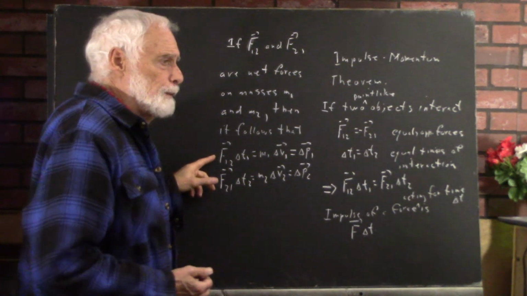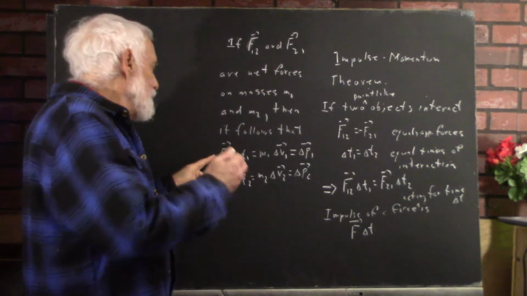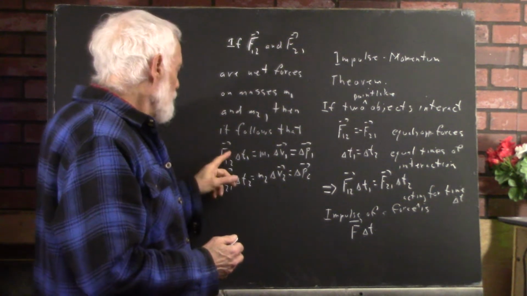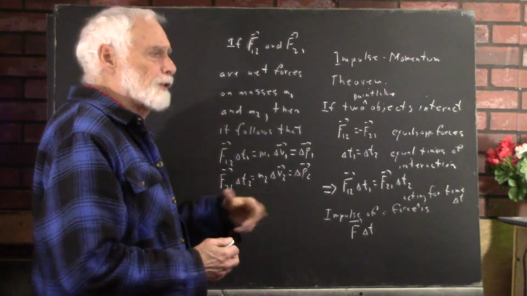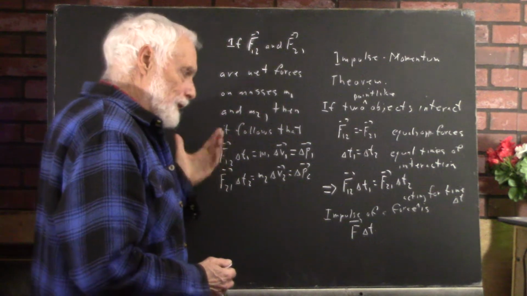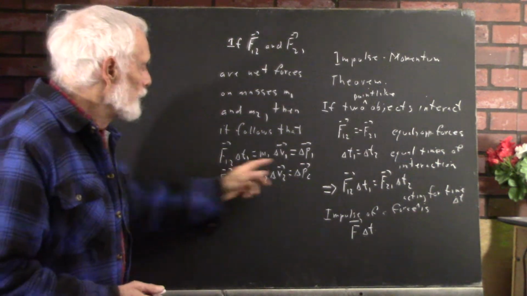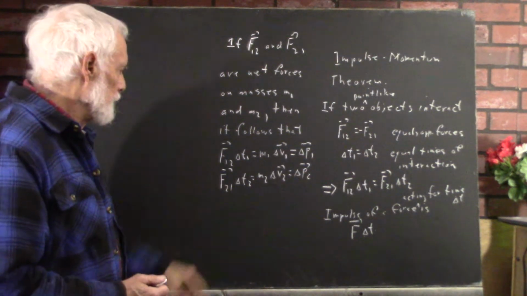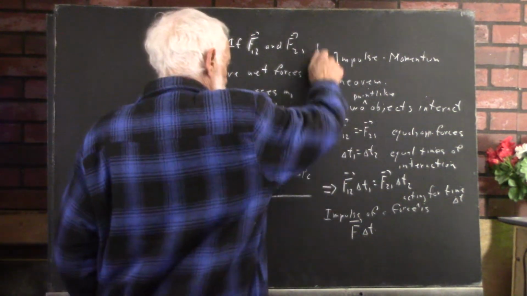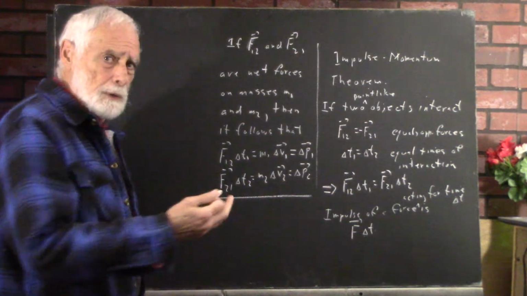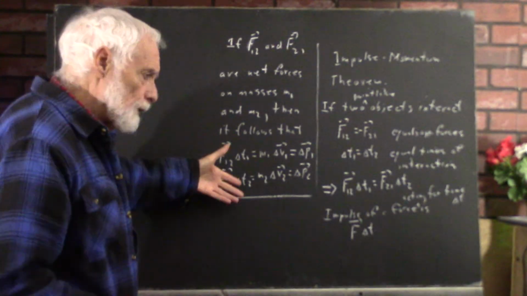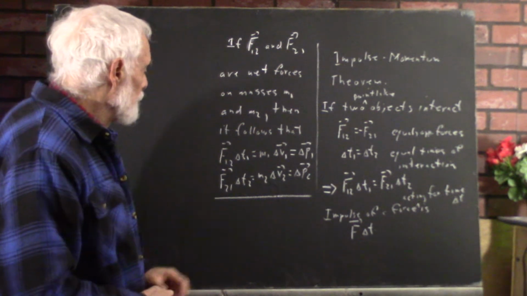If F12 is m1 times acceleration 1, well, acceleration 1 times delta t1 is a change in velocity. So you got mass times change in velocity. So it's that simple. So very simple reason for this, and you want to be sure you understand it. Your book explains it, and I've explained it in the past. And if you want me to go on and do more explanation a little bit later, just ask and we can write it out. It's very straightforward though.